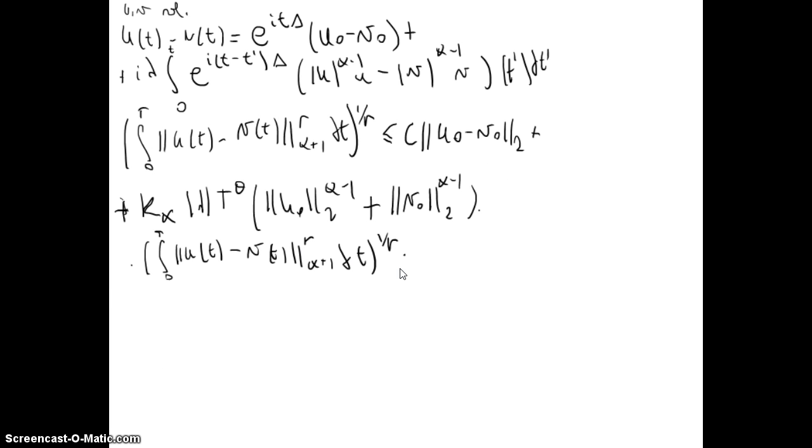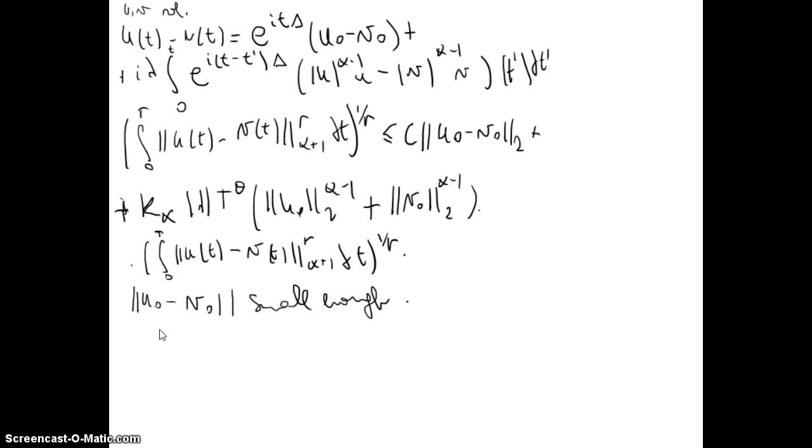Okay, so if we can take u naught minus v naught small enough, we can bound, as we've been doing, this integral, that is the part that we have to bound, because the other stuff is all independent of u naught and v naught.